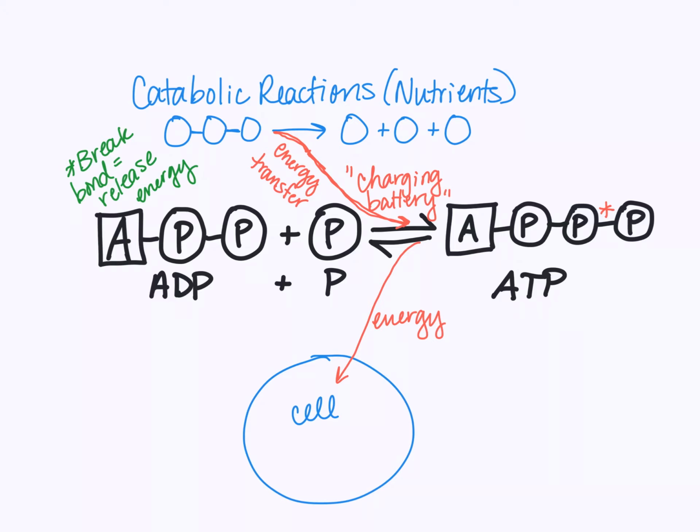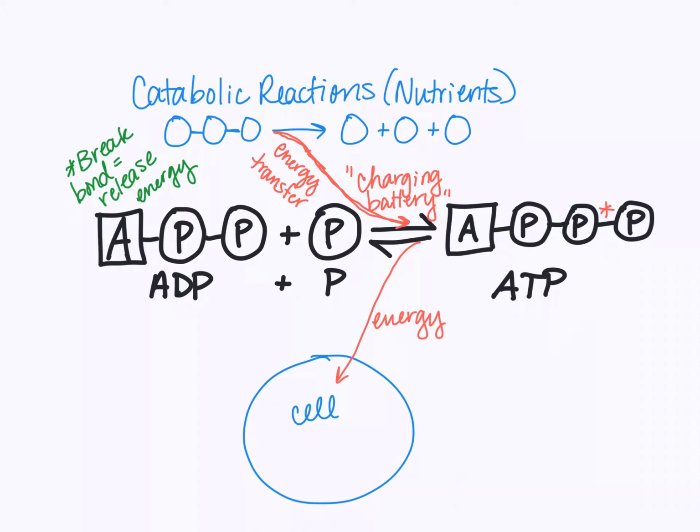So we've been using this analogy of a rechargeable battery, and it's kind of like with your phone. If you were to take the battery out of your phone, even if you plugged it into the wall, your cell phone still wouldn't work because the battery is the middleman, the intermediate that has to convert the electricity from the wall into the power that runs your phone.